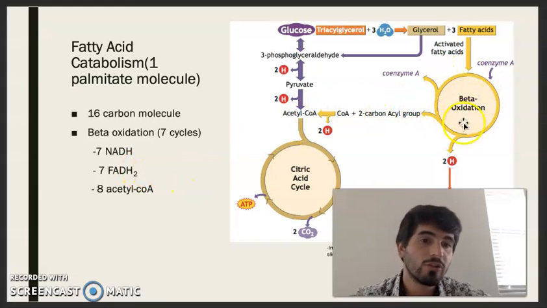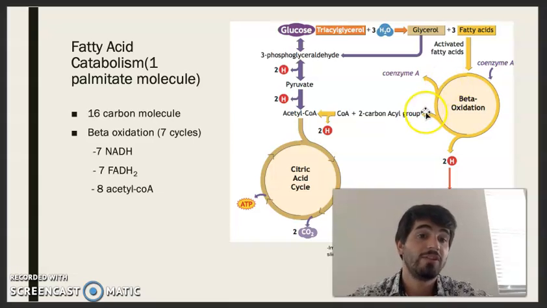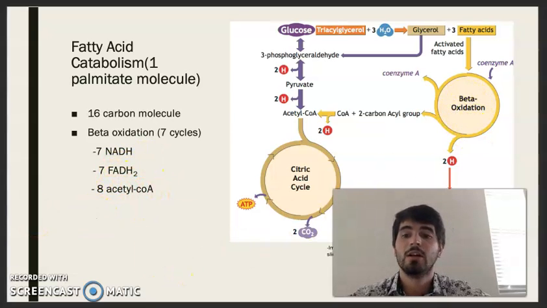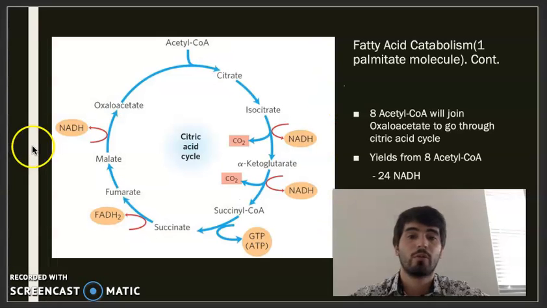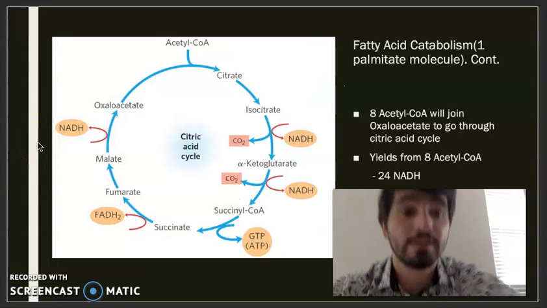To keep in mind also here, we are going to need about 2 ATPs just to get this process going. So from here, we have our 8 acetyl-CoAs. We're free to go into the Krebs cycle or citric acid cycle.